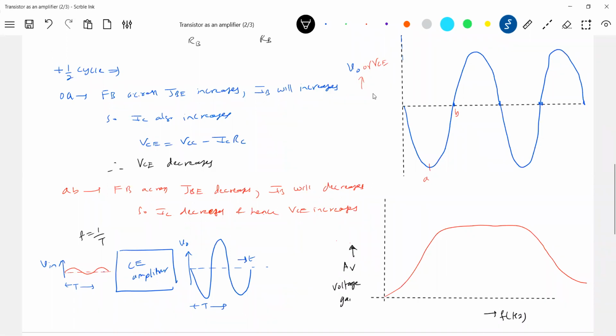These are the lower frequencies, these are the higher frequencies, and these are the middle range frequencies. Where is the gain maximum? For middle range frequencies, the gain is maximum.